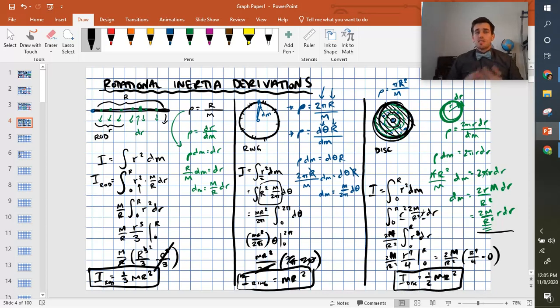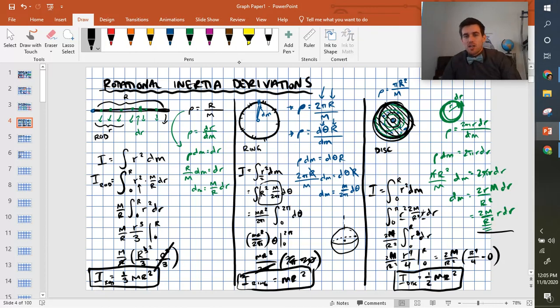So there's the first 3 rotational inertia derivations that you would do in any calculus-based physics course. The next one to do is a sphere. So if you are interested in trying to do some more of these on your own, I'll give you the hint that if you're going to do a sphere, there's one of 2 ways to do it. You could either treat it as an infinite series of a stack of disks.